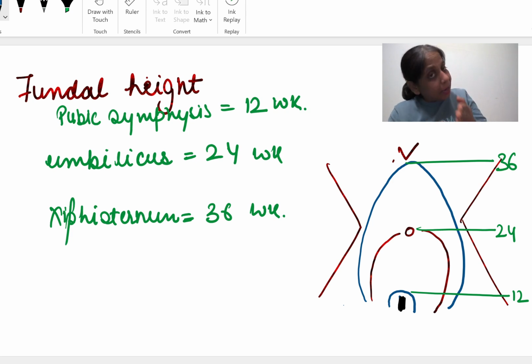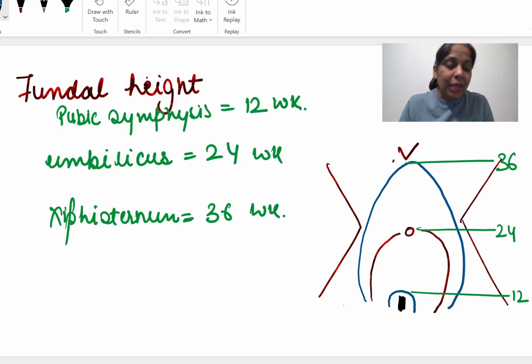When it is at the umbilicus, it is 24 weeks, and when it is at the xiphisternum, it is 36 weeks. All the important landmarks follow the rule of 12: pubic symphysis 12 weeks, umbilicus the second landmark 24, and the third landmark xiphisternum is 36 weeks. I hope now you will not forget.